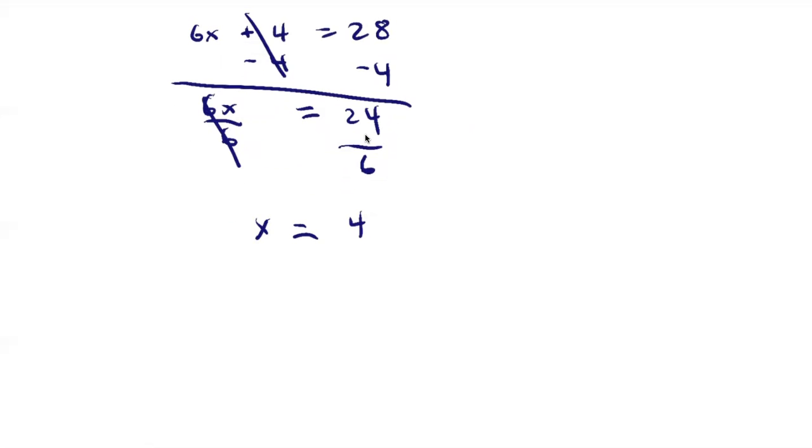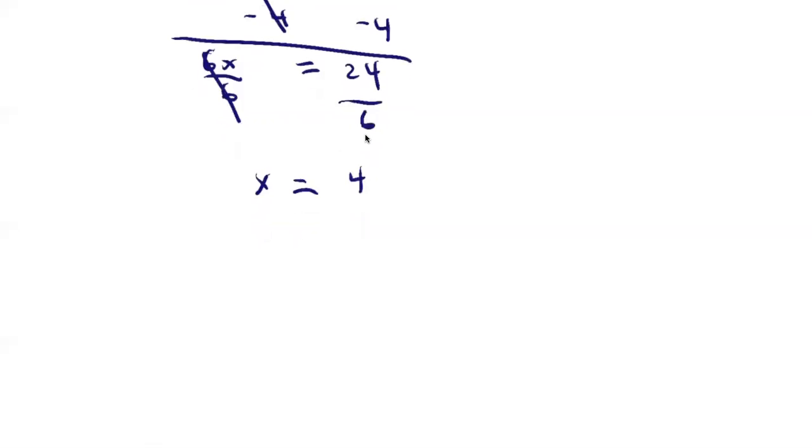However, what if we have multiple variables? Let's go ahead and give an example. Let's say we have 6x minus y is equal to negative 4. Then let's say we have another equation, y minus 4 is equal to 5x.